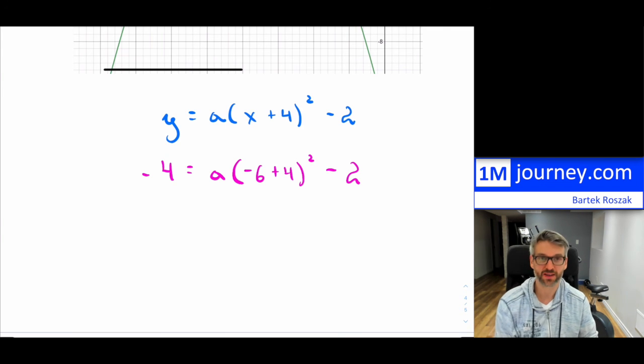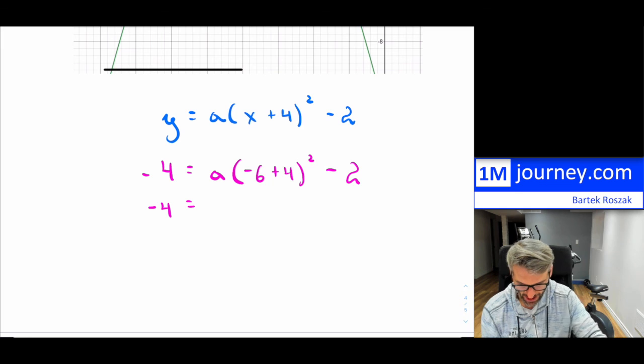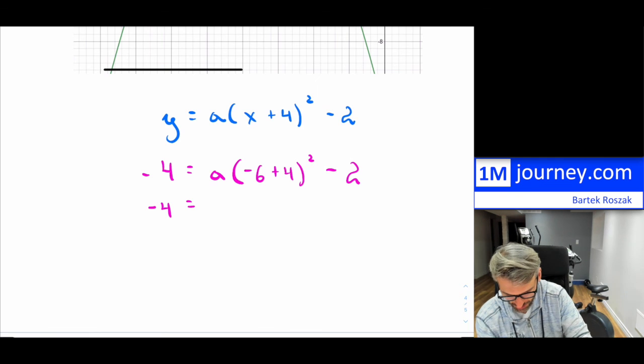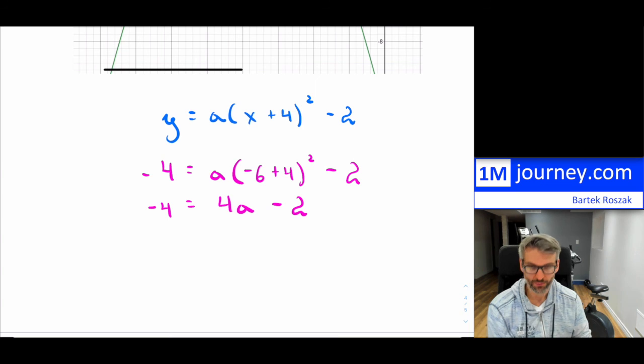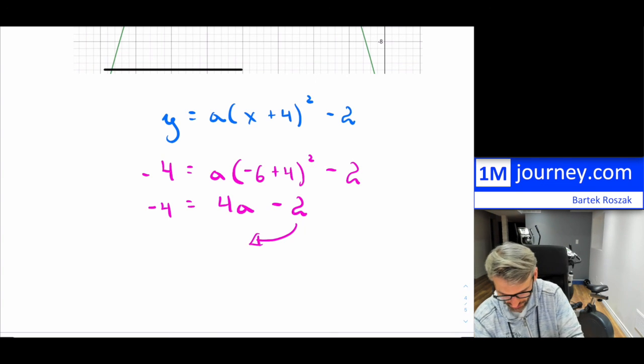And let's solve it. So this is going to be negative 4 is equal to, now this negative 6 plus 4 is negative 2. Negative 2 squared is 4. So 4 times a, which is going to be 4a, minus 2. Bring that negative 2 over to the other side. So it's going to be negative 4 plus the 2, equal to 4a.